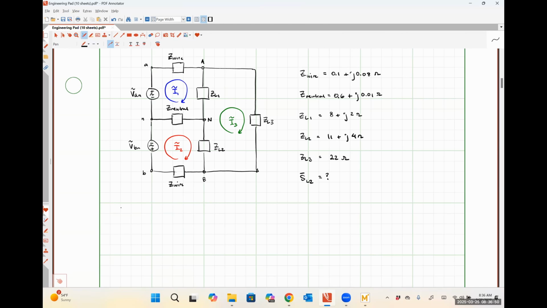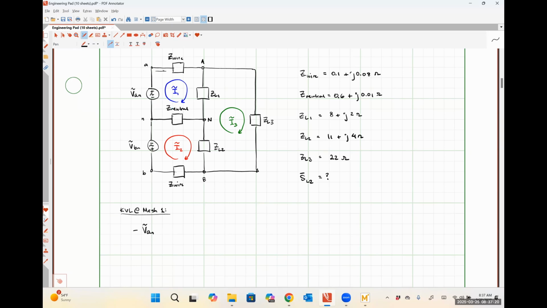And if I see the positive polarity terminal first, I'm going to give it a plus sign, okay? So if we start with our KVL at mesh 1 relationship, so I'm starting here and I'm going up, okay? The first thing I see is the negative polarity terminal of this voltage source. So my first term is just going to be negative VAN, okay? I've gone through my voltage source.